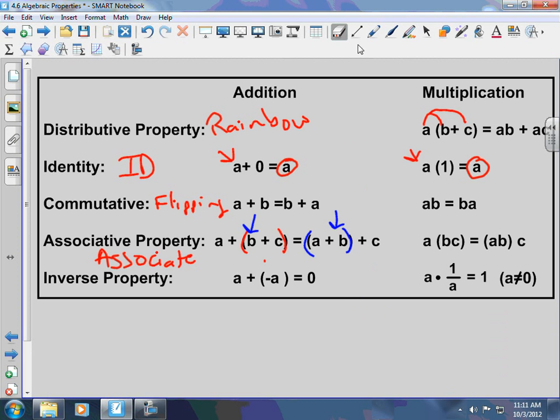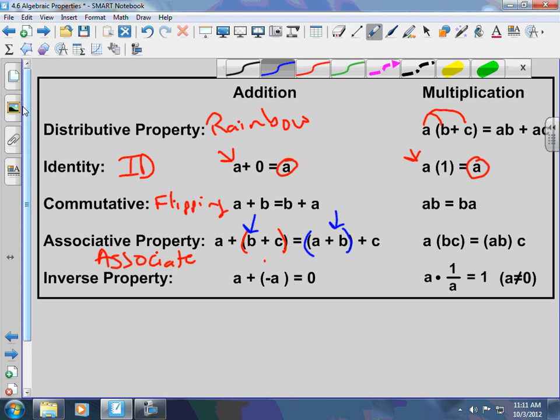Has anybody ever heard of a little thing called the National Basketball Association? Yeah, the NBA. They call it an association because it's different teams who associate with each other. And as they play games, they associate with different teams. It's the National Basketball Association.